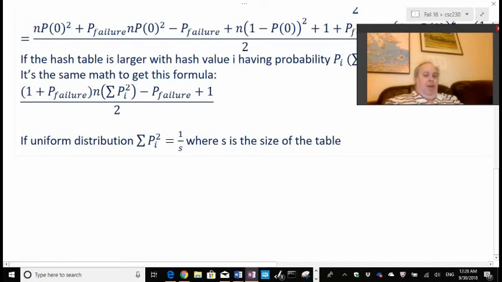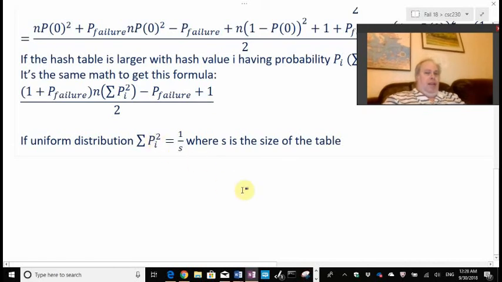Now, if your hash is imperfect, well, the worst case is if it always hashes to the same item. Then one of the p_i's is 1 and everything else is 0, and the sum of p_i squared is 1. Then this formula reduces to, this guy turns into 1, and it looks a little different, but it's actually the exact same formula we worked out for searching a list.